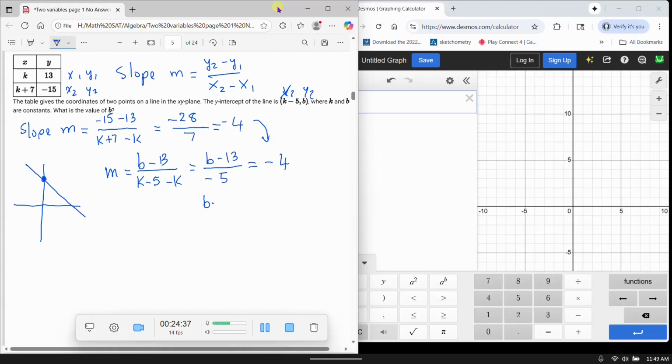I'm going to multiply by negative 5, and the negative 5 on the bottom cancels out. So b minus 13 equals negative 4 times negative 5, positive 20. Plus 13 on both sides, b equals 33.